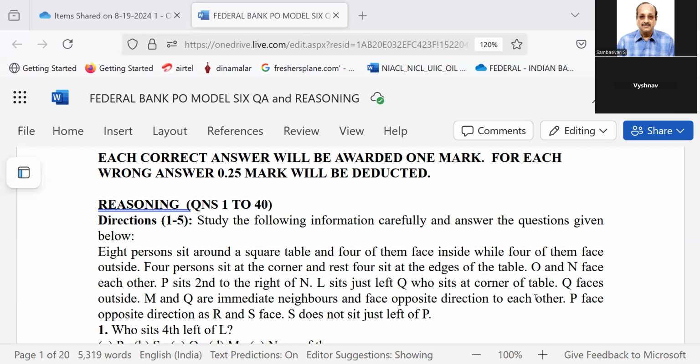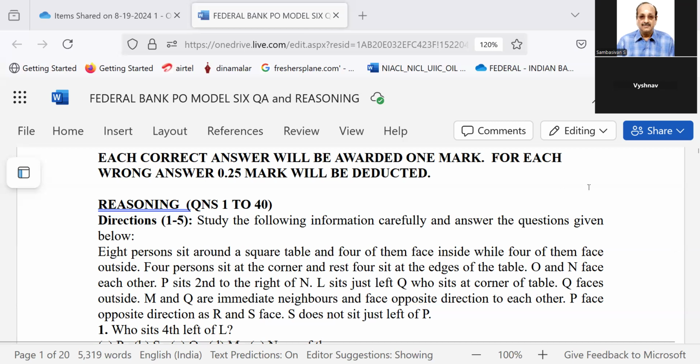Last sentence: P is facing opposite direction of R and S. The only option available is that R and S have to face outside. So P will face inside.